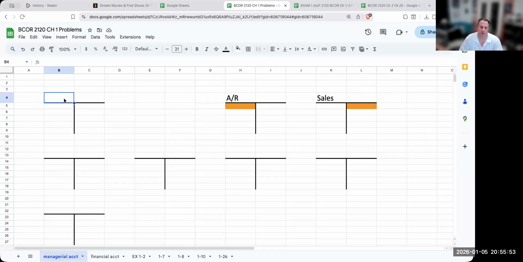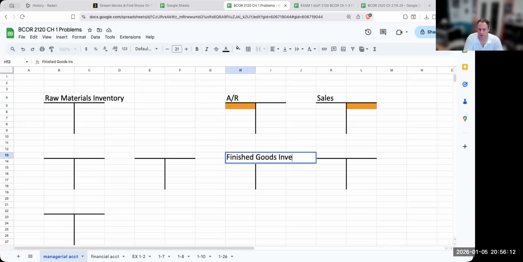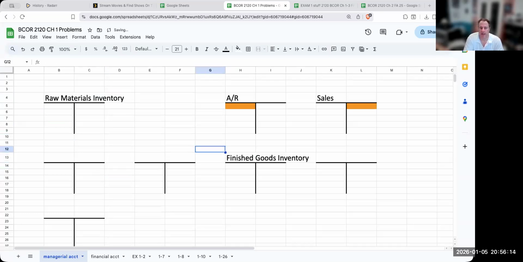When we are doing this, we're going to be starting out with the raw materials. We've got raw materials inventory. Now, this raw materials inventory cannot magically become my final inventory, which in managerial accounting we would call finished goods inventory. Right? It can't get there on its own. What does it take?